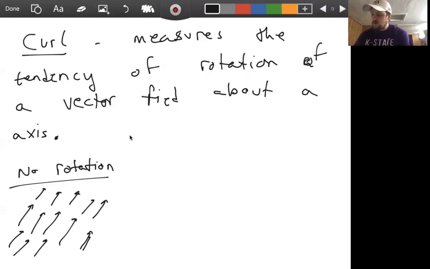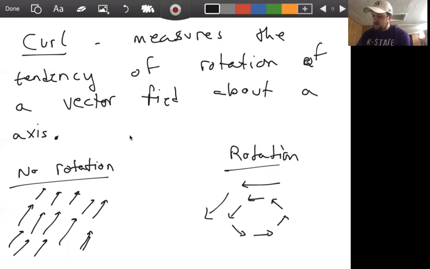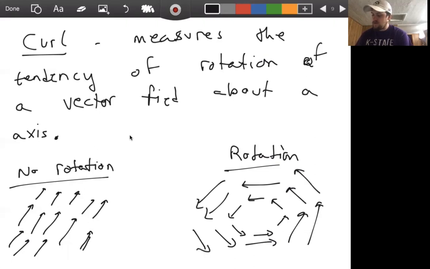But we've seen ones that do exhibit rotation, such as negative y, x, that was a good kind of template for indicating wind speeds in a hurricane or something like this.